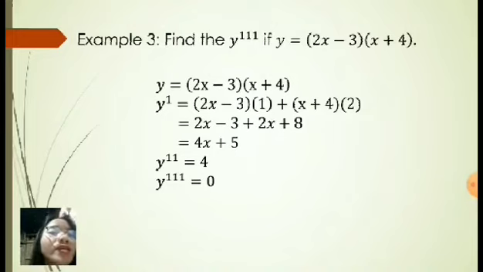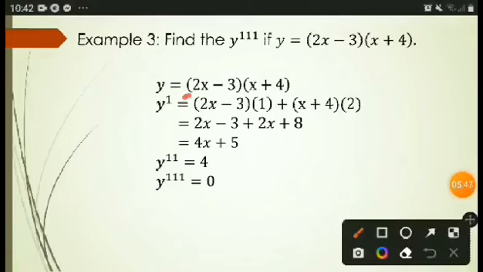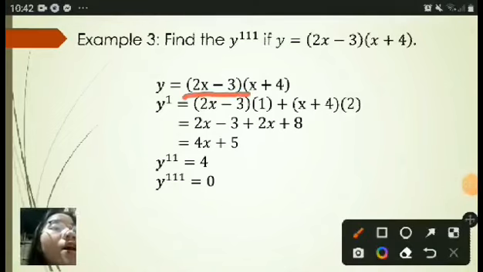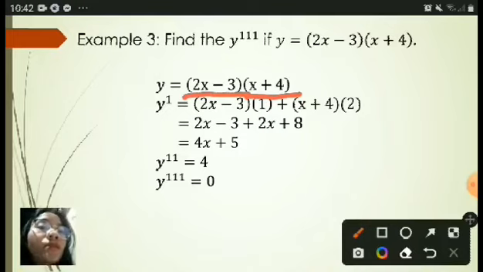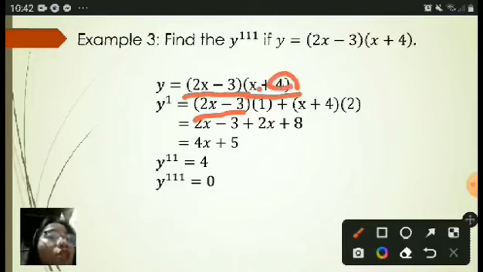So, our a here is the quantity 2x minus 3, and our b is x plus 4. So, our formula is a times the derivative of b plus b times the derivative of a. So, our a is 2x minus 3 times the derivative of b, which is 1, because derivative of x is 1 and the derivative of 4 is 0. That's why we have 1.